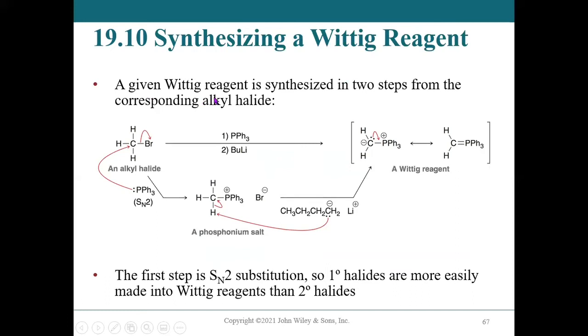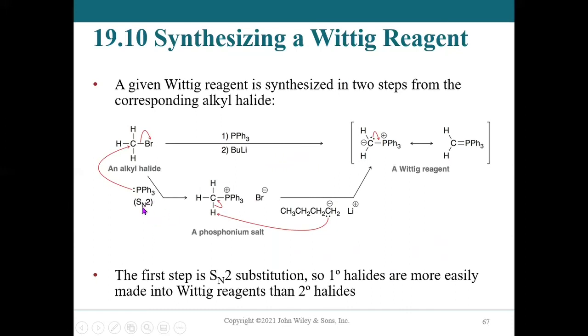A given Wittig reagent is synthesized in 2 steps from the corresponding alkyl halide. If you want to add one carbon, you start with an alkyl halide like methyl halide. These 2 steps produce this Wittig reagent, which has a resonance structure.